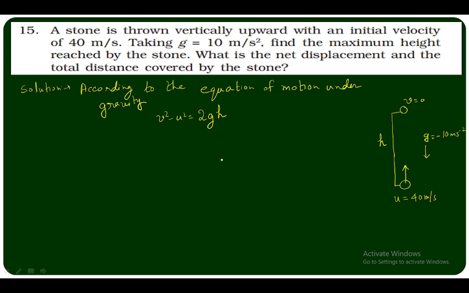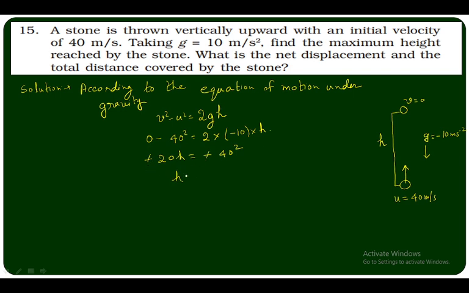Then put the value. The value of v is 0, minus the value of u, that is 40 square, is equal to 2, and the value of g is minus 10, into h. Therefore, we will get minus 20h is equal to minus 40 square, right? This minus and this minus will cancel out.